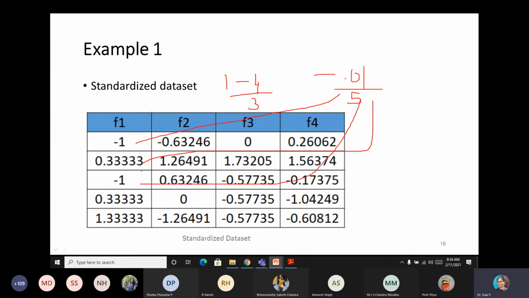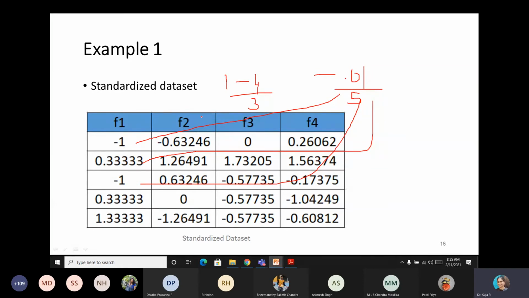Sum all of these and finally divide by 5, and you will get the value for variance. Similarly, for covariance between F1 and F2, first find the mean of F1, that is minus 0.01 by 5.